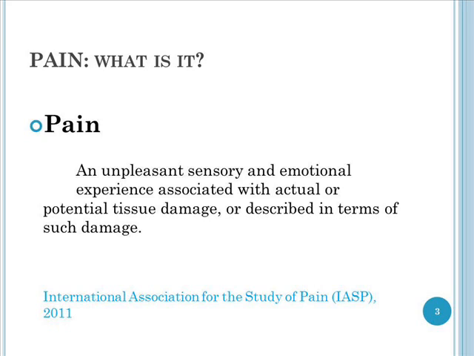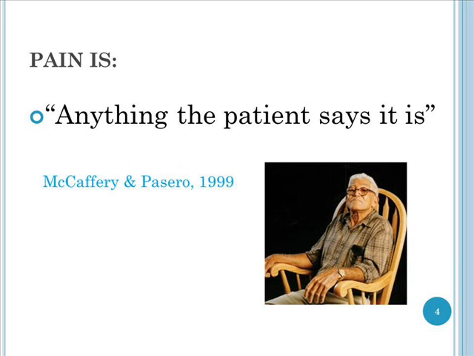It involves our emotions, our thinking processes, the way we feel, and it may have a real tissue damage origination or sometimes not. Sometimes it's very difficult for us to find the cause of pain, and it doesn't mean that pain isn't occurring just because there is no actual trauma or damage identified.